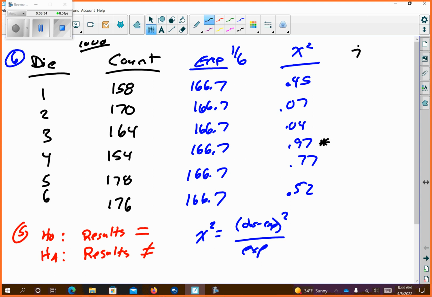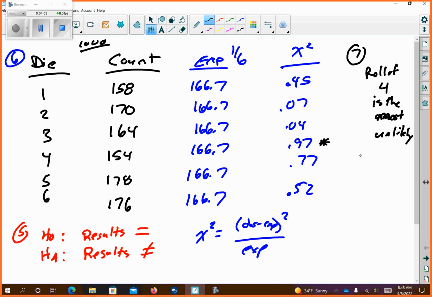So problem number 7, the roll of a 4 has the highest. If the die are equally likely results, a 4 was the most unlikely to happen. But it should be a fair die.